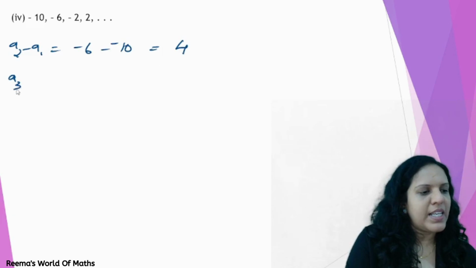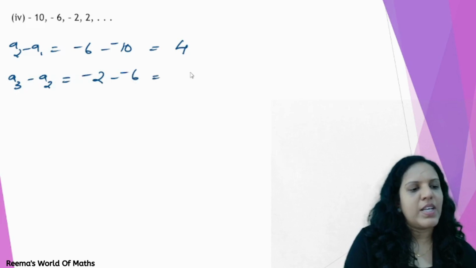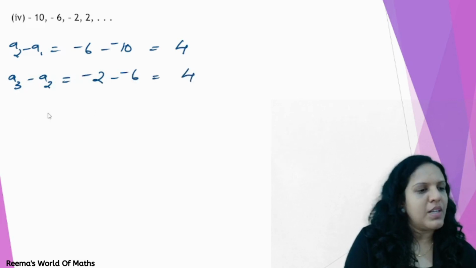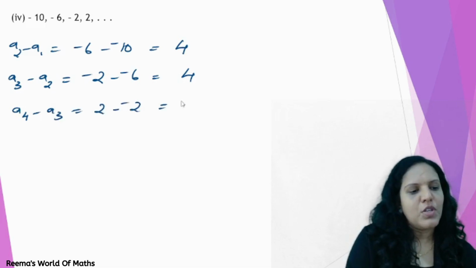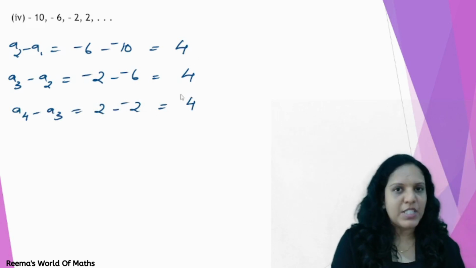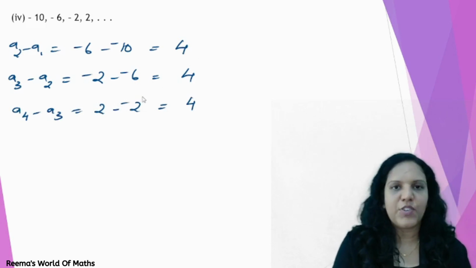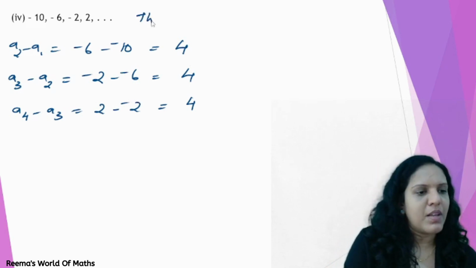Second one, A3 minus A2, so that is minus 2 minus minus 6, which is again 4. Then A4 minus A3, which is 2 minus minus 2, that is also 4. So we can see all the differences between consecutive terms are equal, a fixed constant. So this forms an AP.